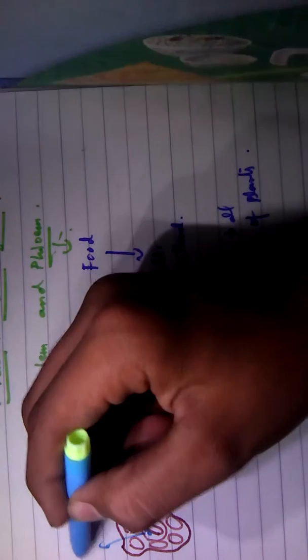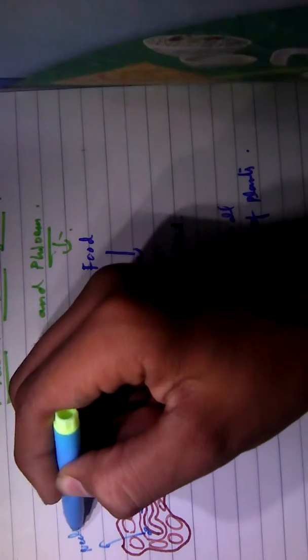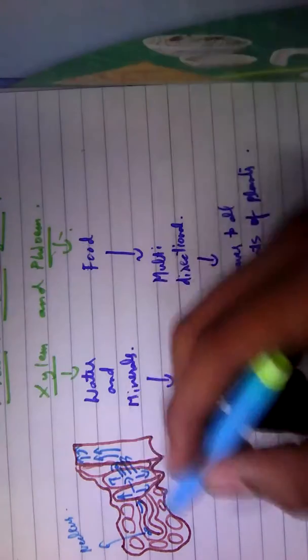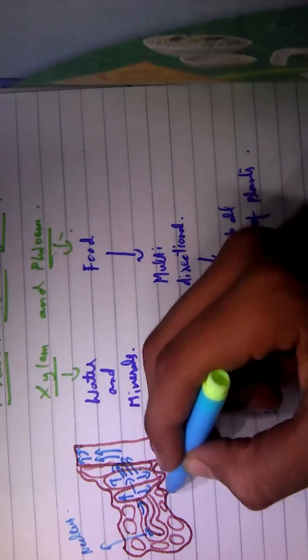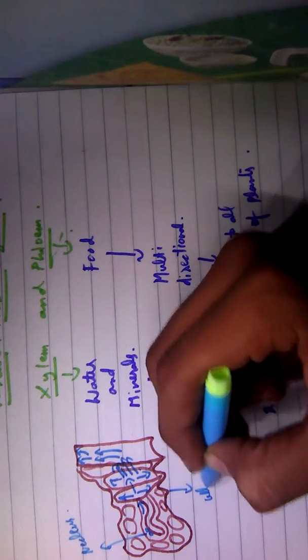Here are two dots, and that's the nucleus, and these are cell walls.